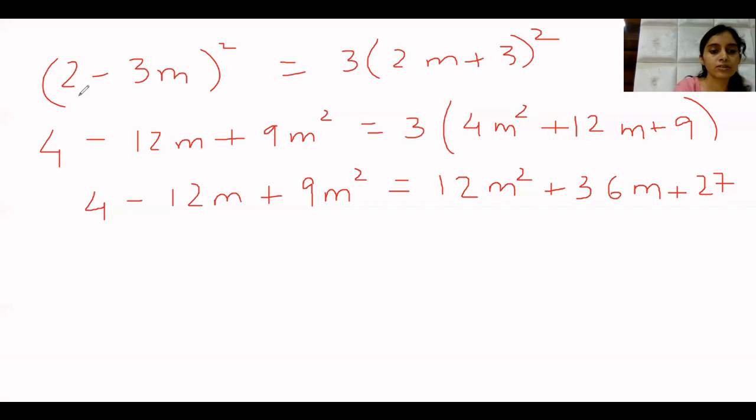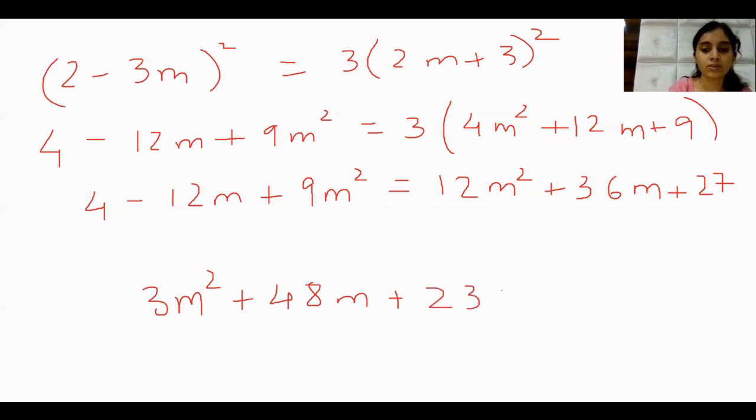So our final equation will be, let's send 9m square to that side. So 12m square minus 9m square is 3m square, plus 36m plus 12m will be 48m, plus 27 minus 4 is plus 23, equal to 0.